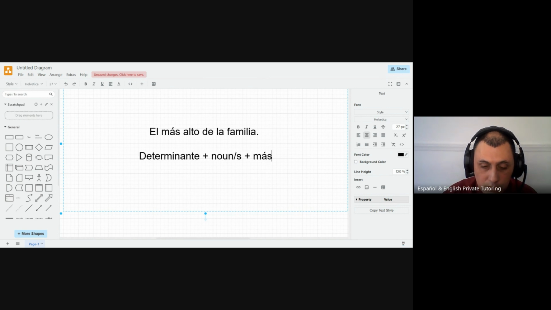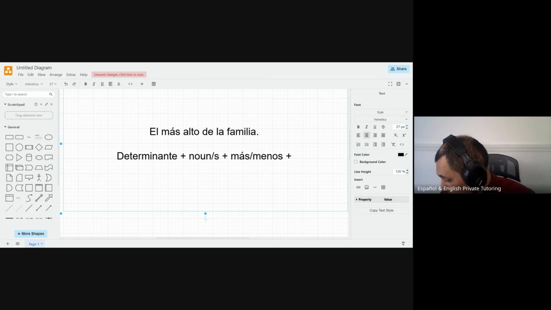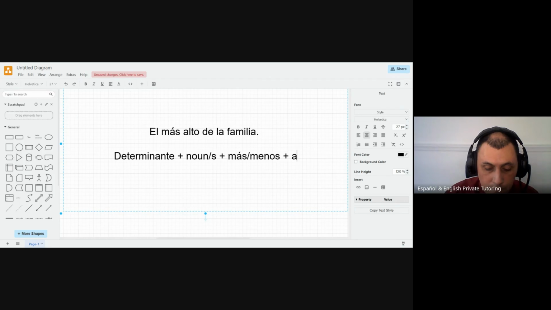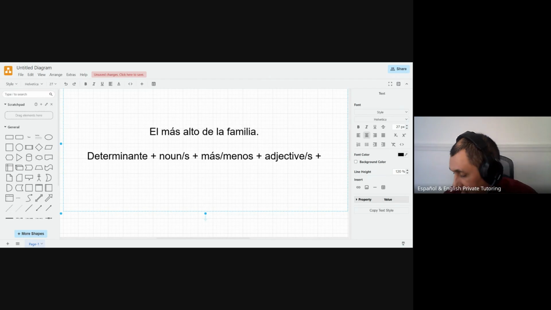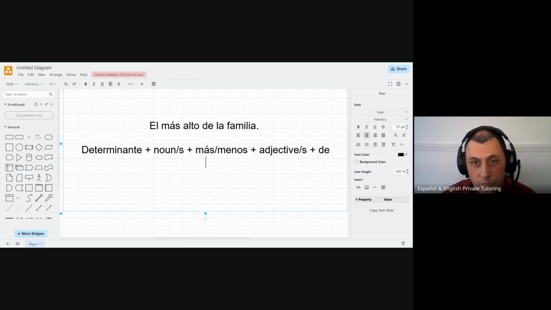You can use más or you can use menos. Plus adjective or adjectives plus de. This will be a better formula.